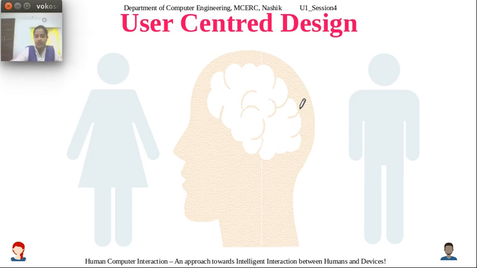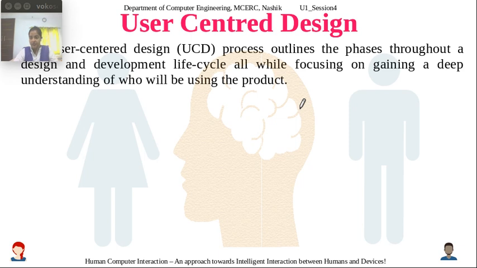In all these lectures we are talking about design, error free operation, user satisfaction, productivity, or a successful product. All of this is done only when your user is satisfied. You are developing the system for your user, not for yourself.